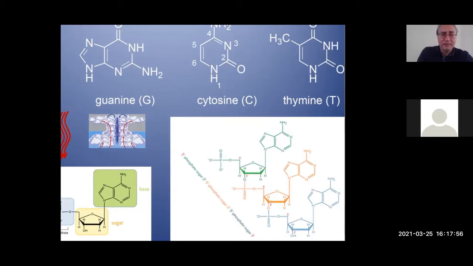They're always found in association with a number of other molecules like ribose, which is the sugar, and the phosphates. For example, in this diagram at the bottom left, we have adenosine triphosphate, which is adenine, ribose, and the three phosphate molecules.